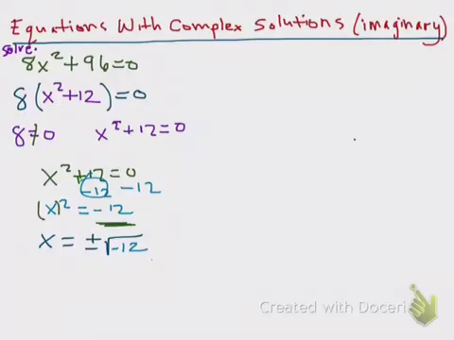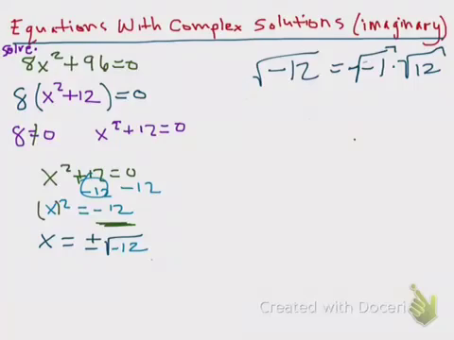And so I like to rewrite negative 12 under a radical as a negative 1 under the radical times a positive 12. The rules of multiplying radicals say that you can break them up into pieces like that.